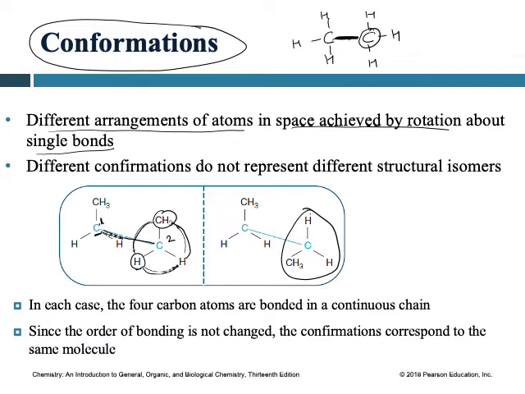But does the connectivity between 1 and 2 change? No, they are still bonded with the same bond. Only the carbon rotated. The bond hasn't been broken, so nothing changes. That's why both of them are the same structure.